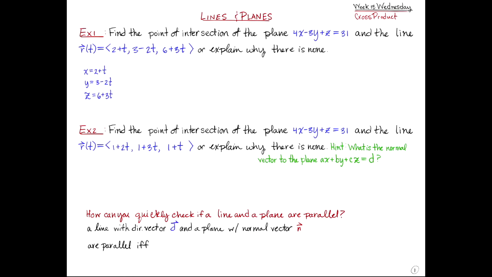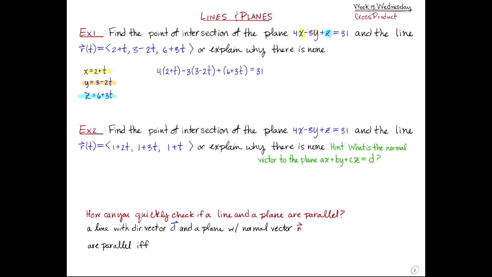Using that, we can sub in place of x in our equation of the plane, 2 plus t. We can sub in y equal to 3 minus 2t, and z equal to 6 plus 3t. Subbing in, we have 4 times 2 plus t minus 3 times 3 minus 2t plus z, and in place of z we have 6 plus 3t, and that is equal to 31.